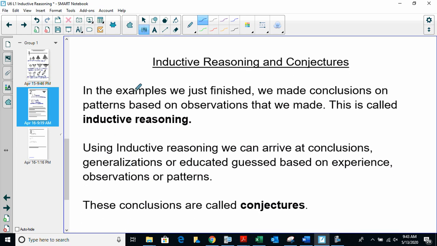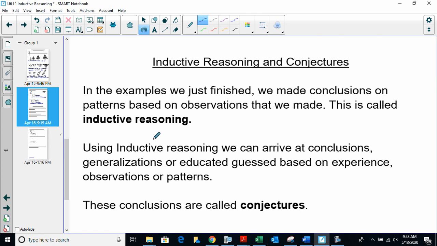In the examples that we just finished, we made a conclusion based on the pattern of the observation that we see. So this is called inductive reasoning. So based on what you see, you make a logical conclusion of what will happen next or what will happen to the following.